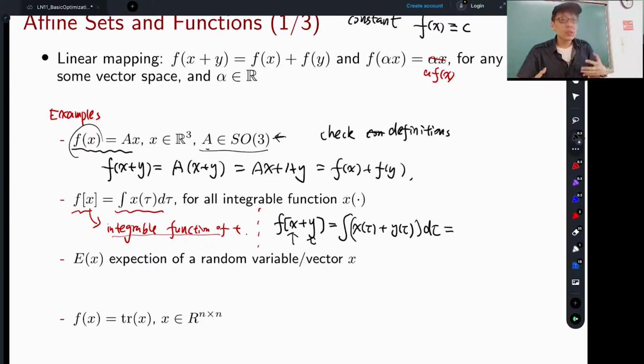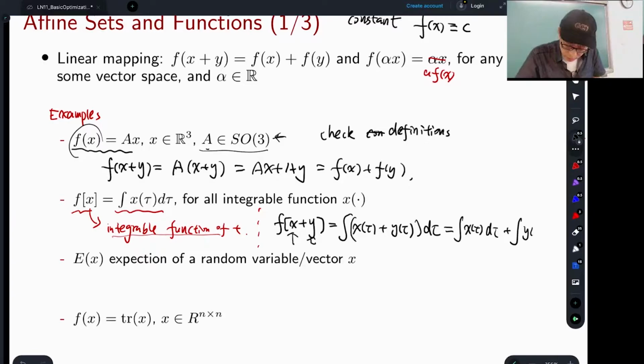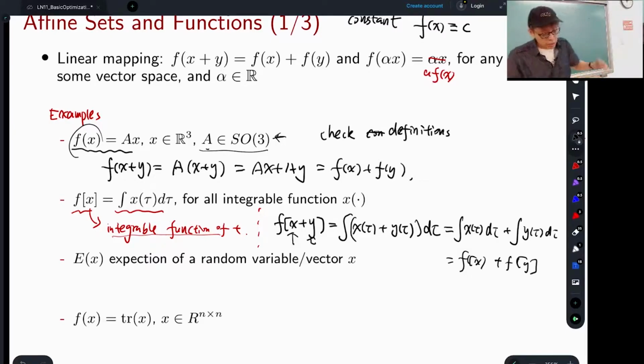The reason is integration is a linear operator. Why is integration a linear operator? Because integration is nothing but summation. Even when you see integration, you just say this is a summation. You can say that because you are not a mathematician, you are an engineer, and it's 99% always okay. So that will be the integral of x(tau) d tau plus the integral of y(tau) d tau, which is f(x) plus f(y), right? So this is also a linear function.